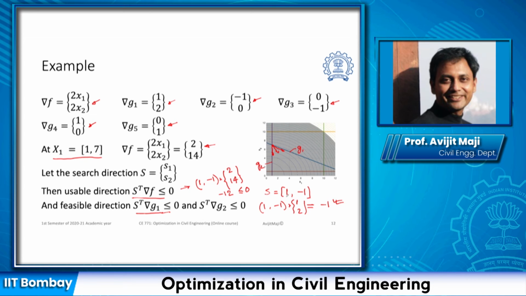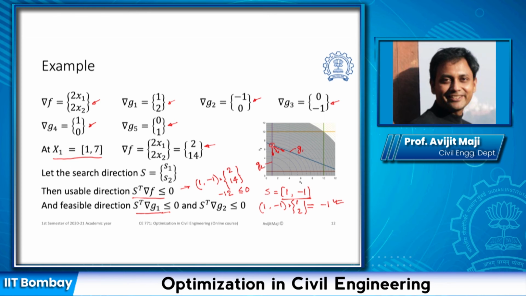If I choose 1, -1 is appropriate from this particular point and go towards the location where my objective function is further minimized from this particular point. So it could be a feasible solution or feasible direction for further use.